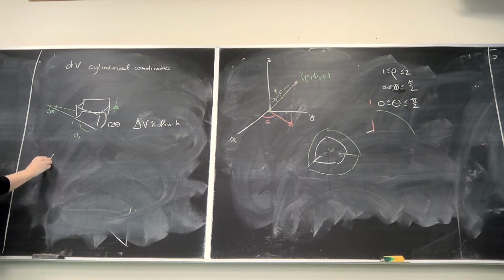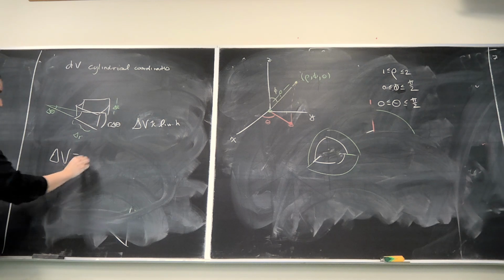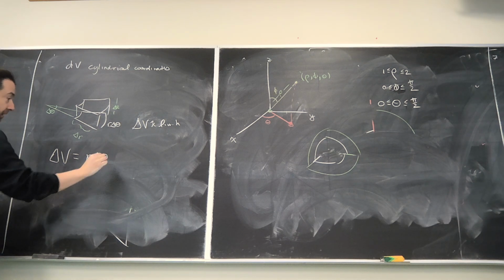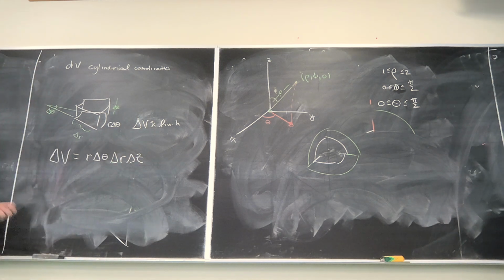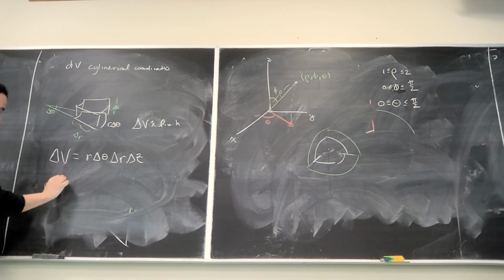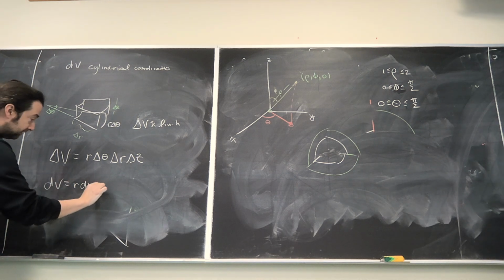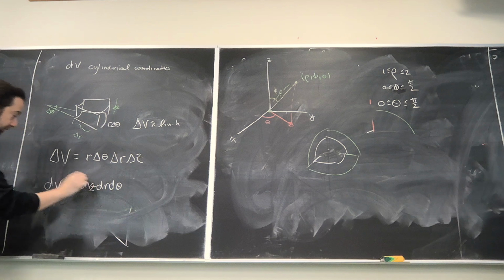And so the change in volume was about equal to length times width times height. Right, so our infinitesimal volume form was dV equals r dz dr d theta. That's how we got it.